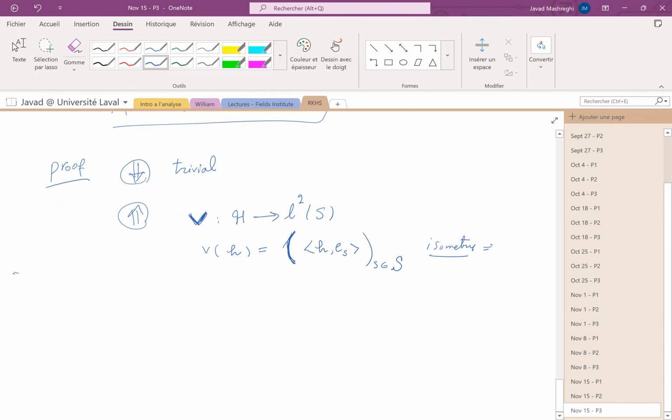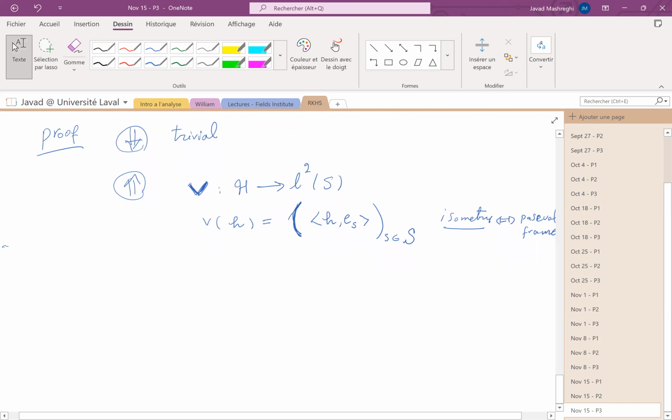Isometry is the same thing as Parseval frame. I mean, that's why I said facts from operator theory are hidden here behind the words. Parseval frame is the same thing as this mapping being an isometry. That's the first thing.